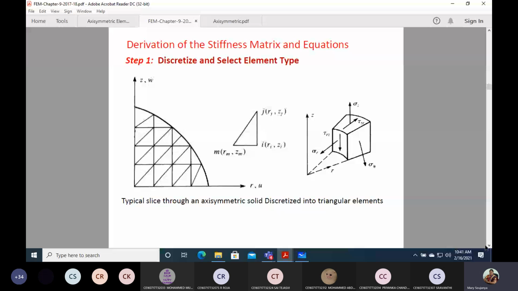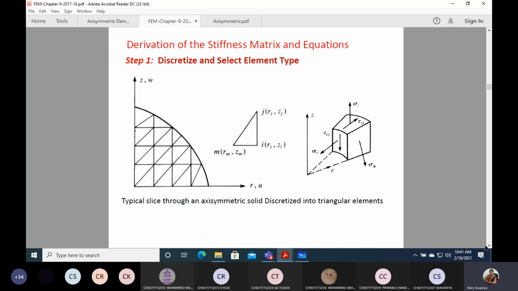They relate any point in between the element with the nodal points. So we have the values at nodes that are related to the adjacent elements in the whole of the structure. So when we are doing analysis, we start from the shape functions.